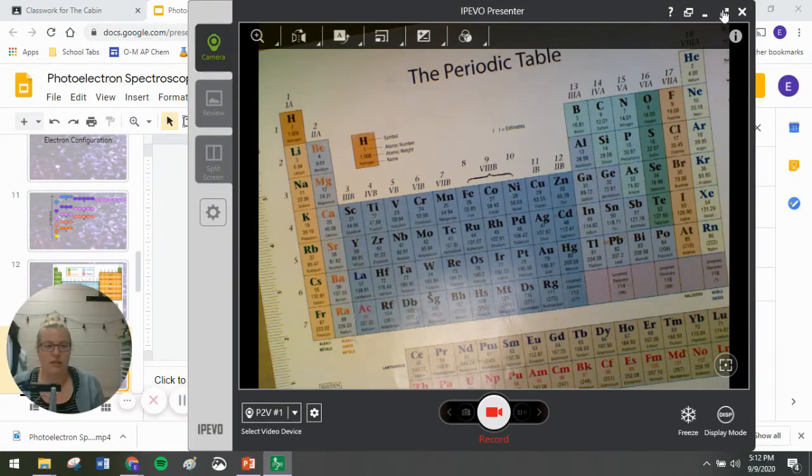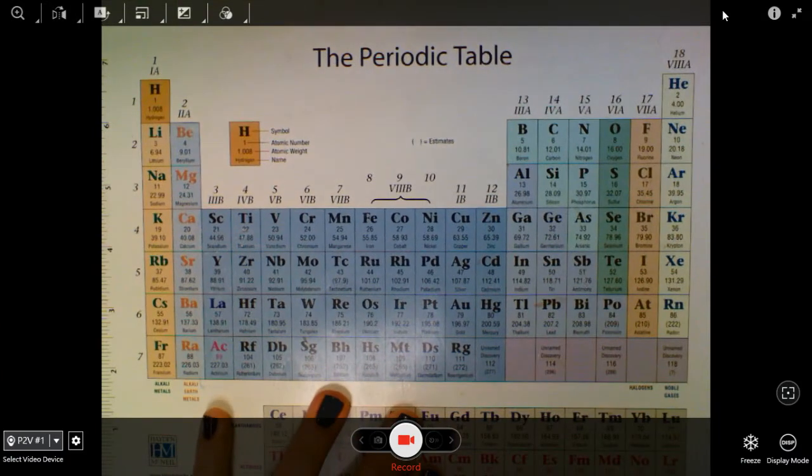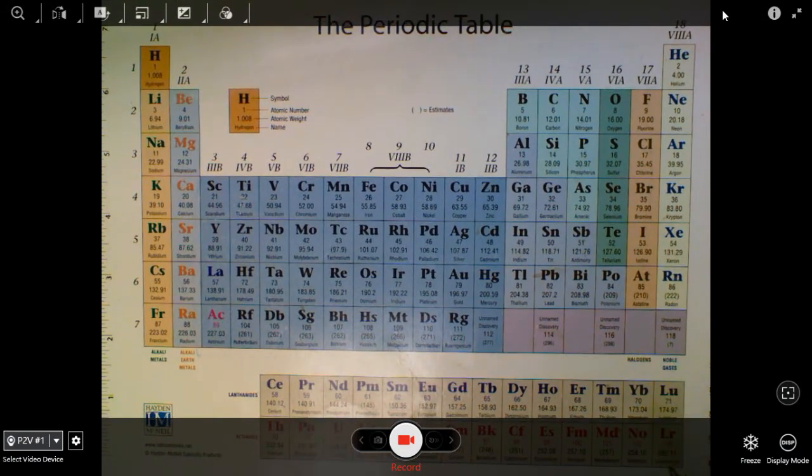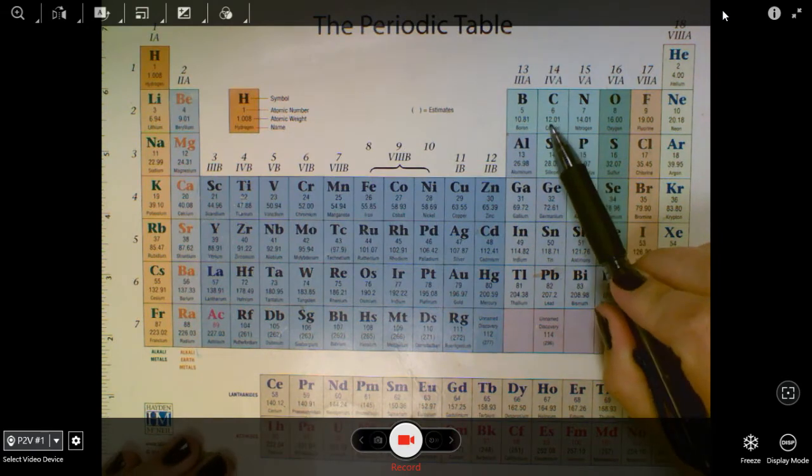All right. It's answer time. So we are going to take a look at all of the electron configuration practice and see how things went. We start with our first one, carbon. Carbon is located here on our periodic table.